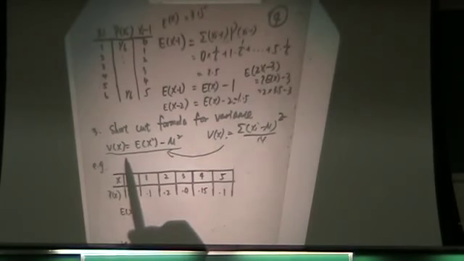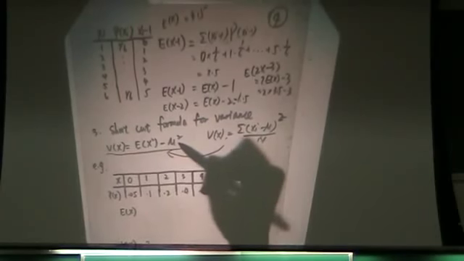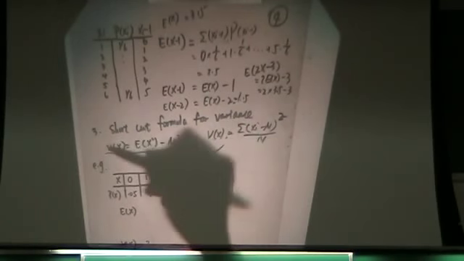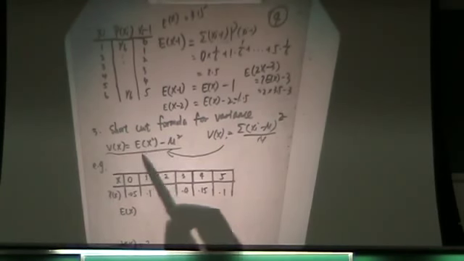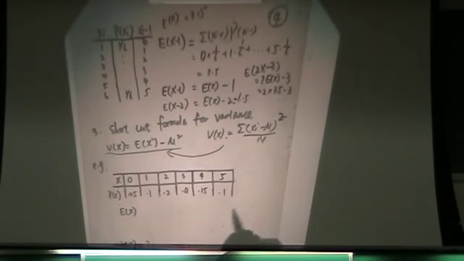According to this formula, we need to know mu, the expected value of this random variable, and also the expected value of the random variable squared, E(x squared).